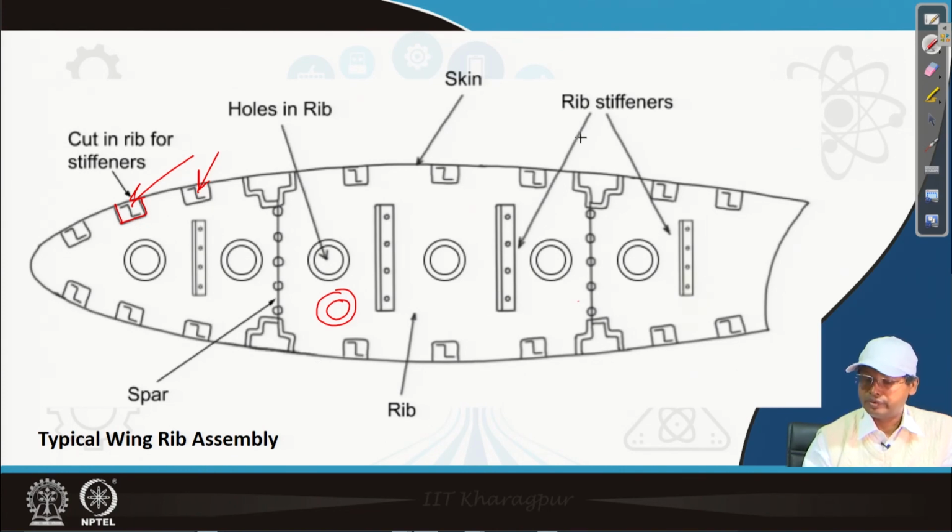These are the rib stiffeners; since the section size is increasing, these in-between stiffeners are used to stiffen this portion. This portion is cut because control surfaces will come here. So, all these things make a typical wing rib assembly.